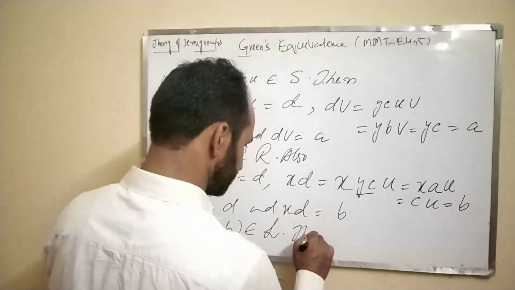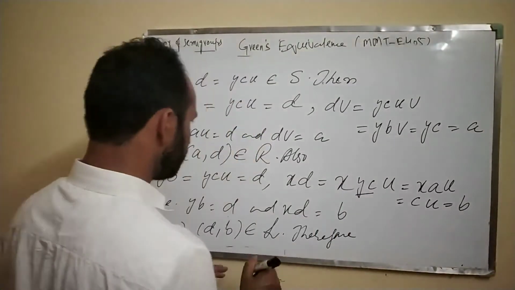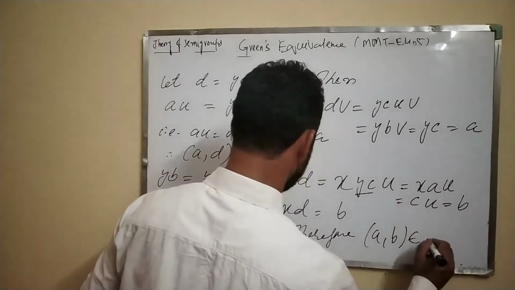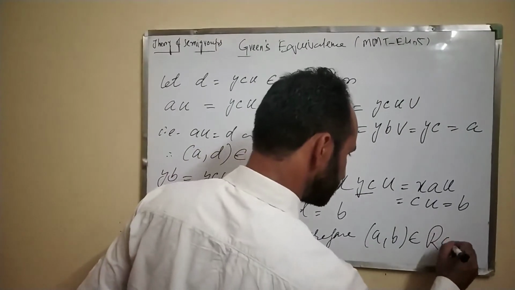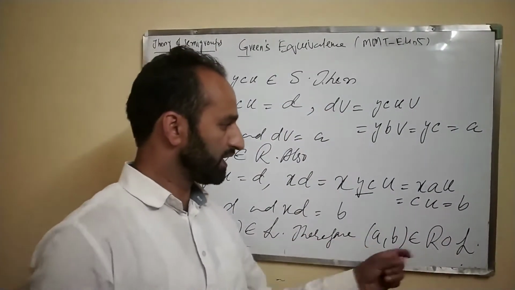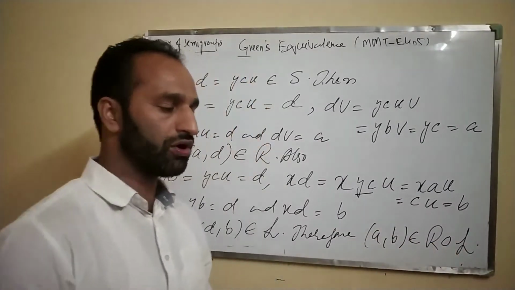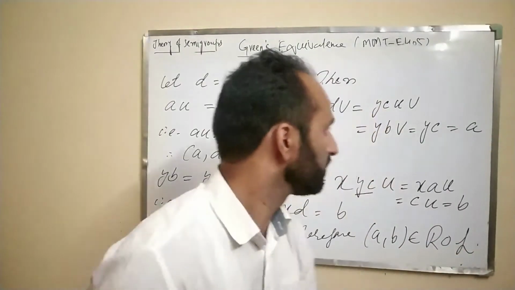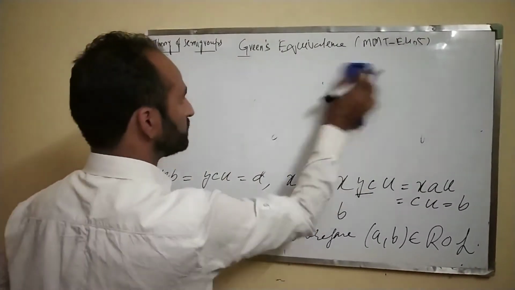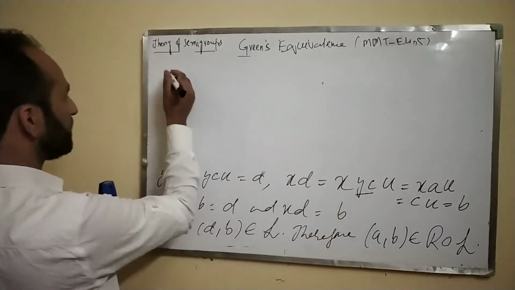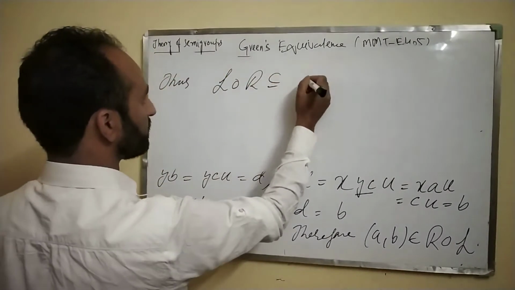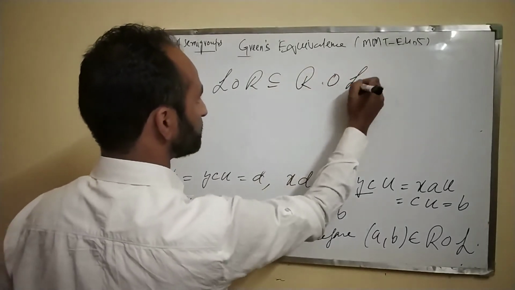Therefore AB belongs to R composition L. So whenever AB belongs to L composition R, it will also belong to R composition L. So thus L composition R is a subset of R composition L.